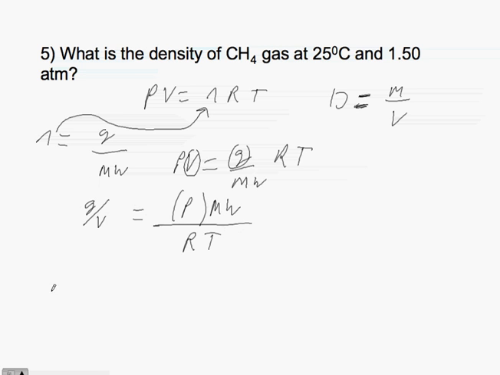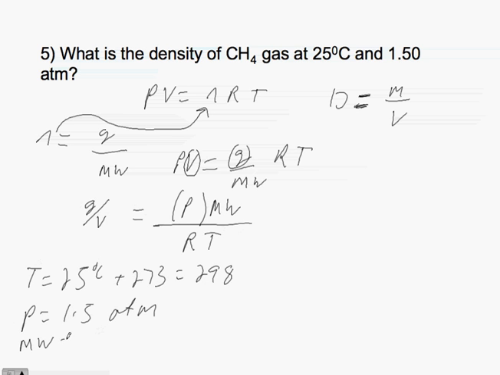Knowing that information, I can just substitute back into the equation. My temperature is 25 degrees Celsius plus 273, which gives me 298. My pressure is equal to 1.5 atmospheres, and my molecular weight for the methane is equal to 16.